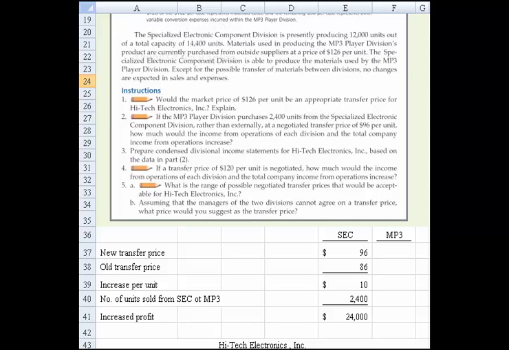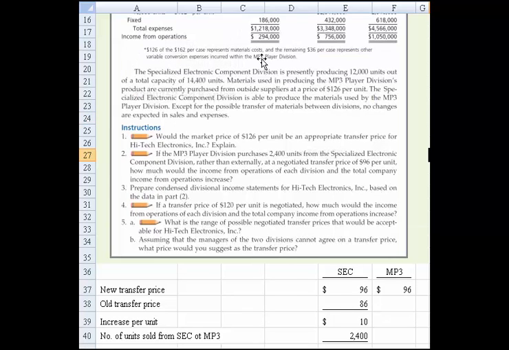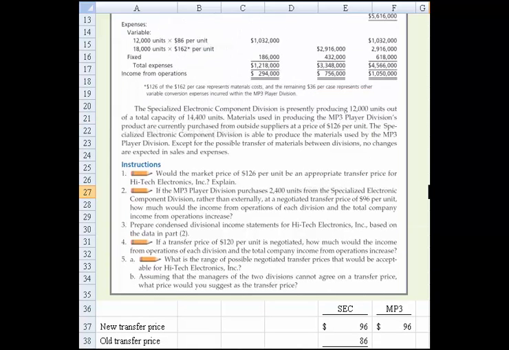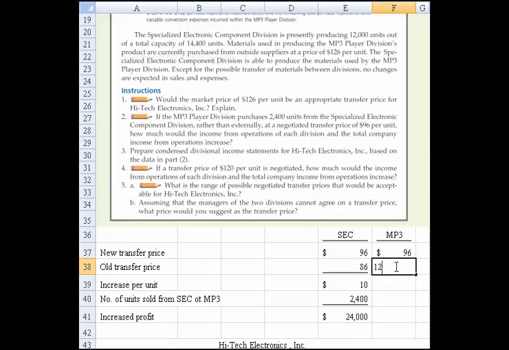Now let's take a look at the MP3 division. Okay, now the new transfer price for MP3, which is the receiving division, is $96. And the old transfer price was, let's slide up, I think it's the $126 that they described under number 1 and in the text here. So if we enter that at 126, we can calculate the difference. Only this time I want to make the subtraction go the other way.